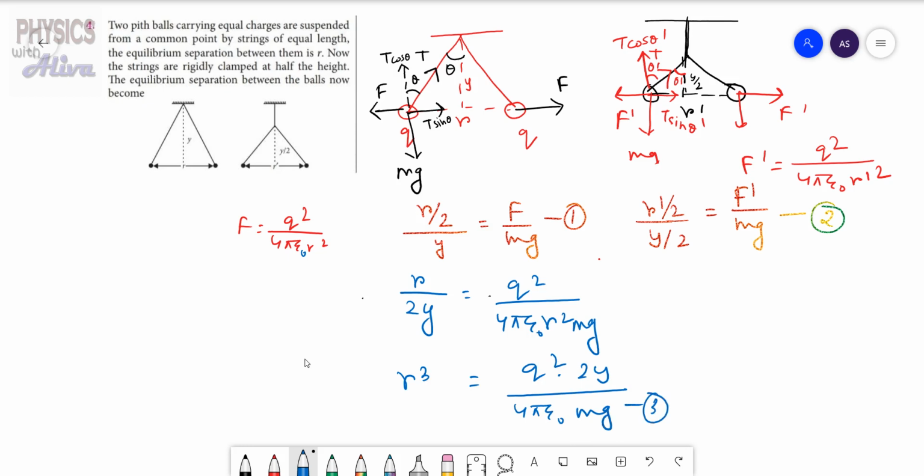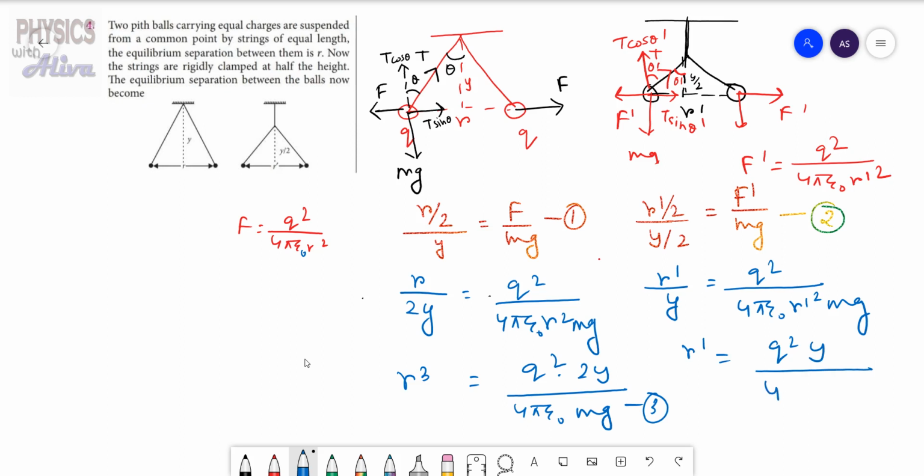And from this equation we can put the value of F dash in this equation. So r dash by y is equal to Q square by 4 pi epsilon naught r dash square mg. Okay, so from here we get r dash cube is equal to Q square y divided by 4 pi epsilon naught mg. This is equation number 4.